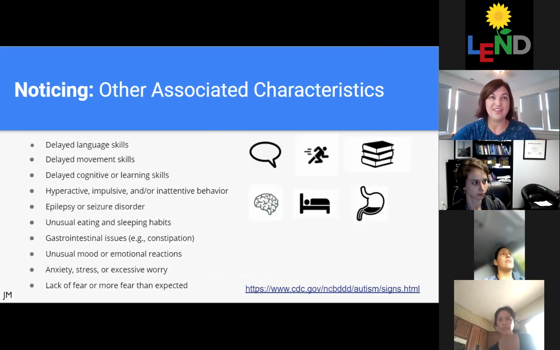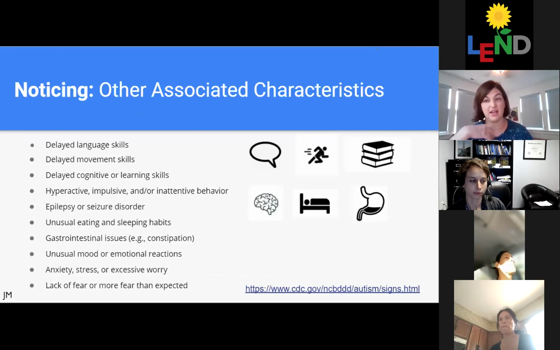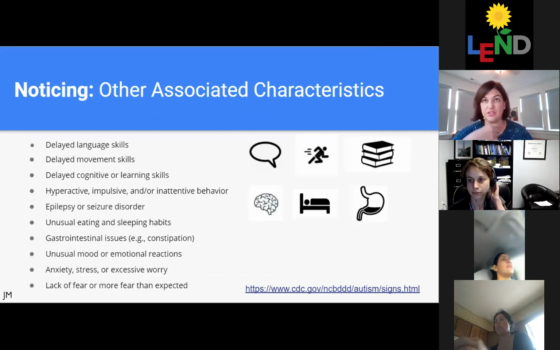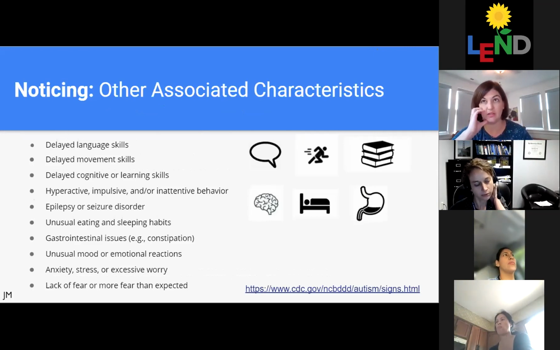So this is a very valuable list of associated characteristics. These characteristics that you see do not always occur in autism. They do not have to. They're not part of the criteria, but often these difficulties can co-occur, as can these medical diagnoses or mental health diagnoses.